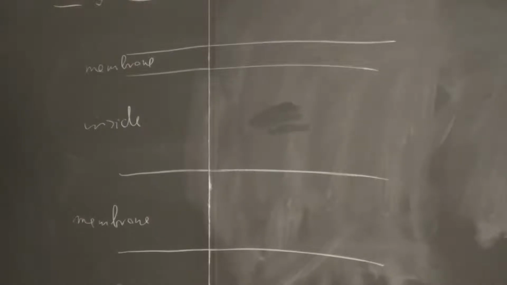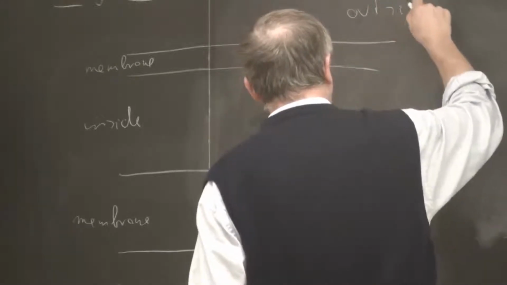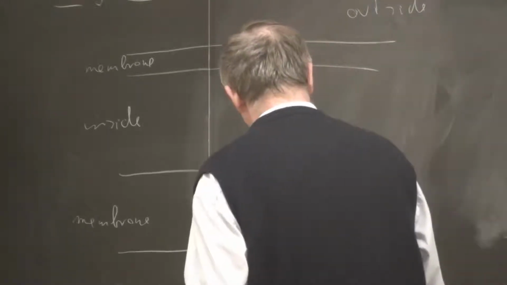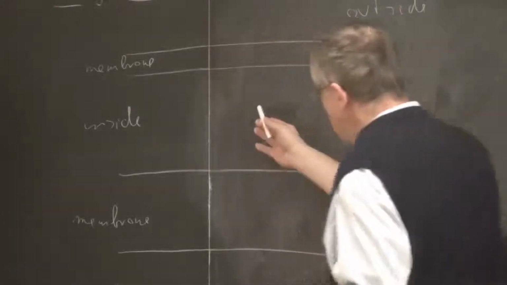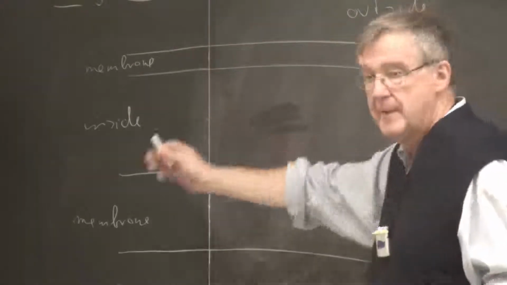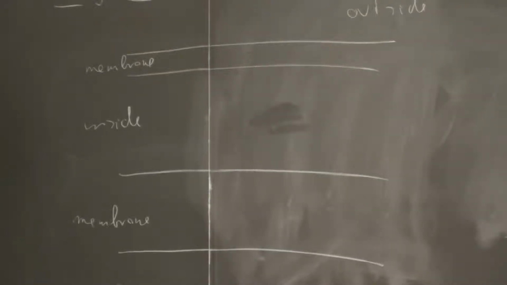And now the computations of the neuron are done electrically, and that involves the flow of ions between the outside and the inside. So here we have the outside, and here we have the outside. So this is just part of the neuron. This is one of those branches, dendrites of the neuron, or the axon of the neuron.